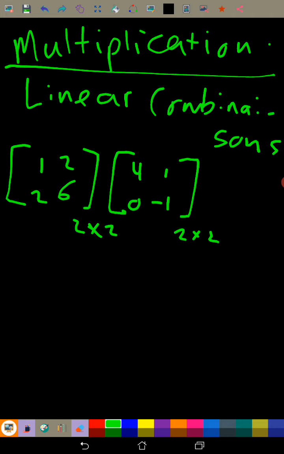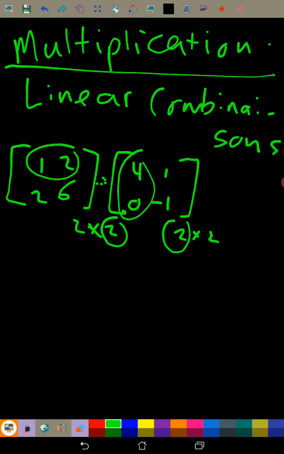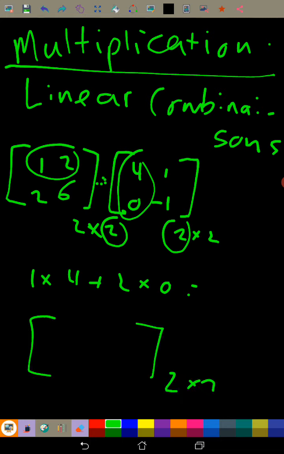We can multiply them because they're like this. So if we want the product, we usually do it like this. We multiply 1 times 4 plus 2 times 0. We get a value, and then we're going to have a 2 by 2 because of this and this. This is the result.